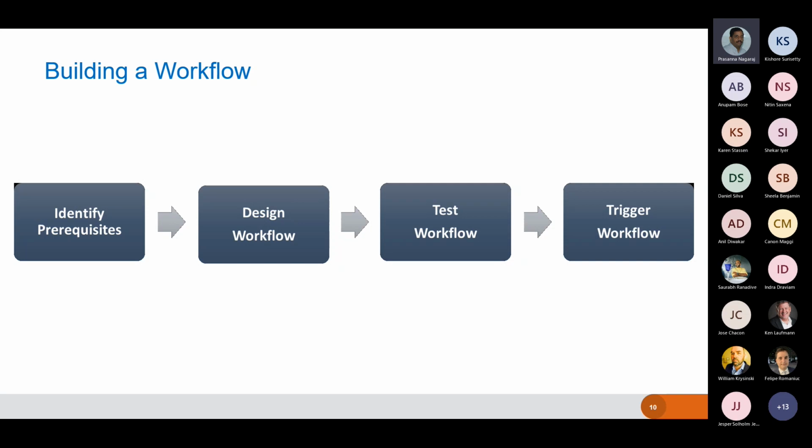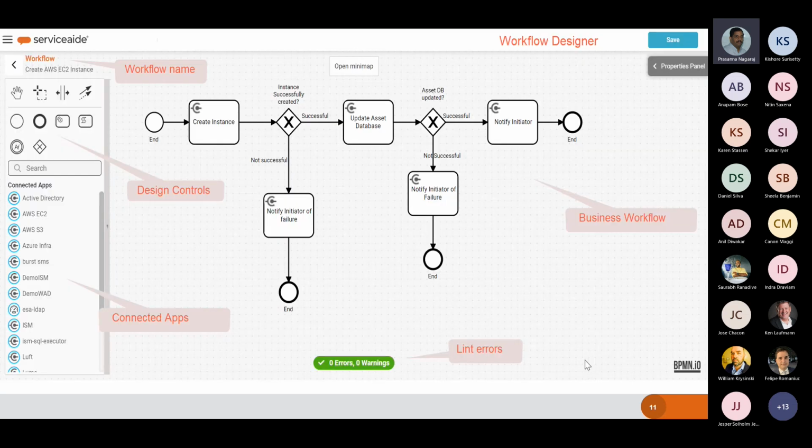Using the automation tool itself, you have the ability to test, which prompts for the attributes which are required, and then you key them in and see if it works fine. And then trigger the workflow, which means deploying it using the integration with the Luma or any other third-party tool and triggering from that particular application. So those are the steps required to build a workflow.